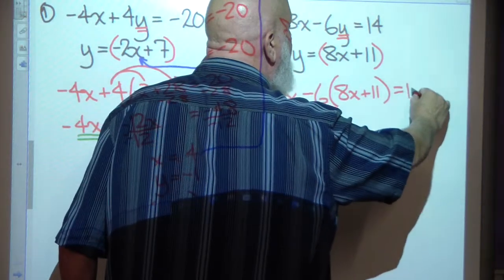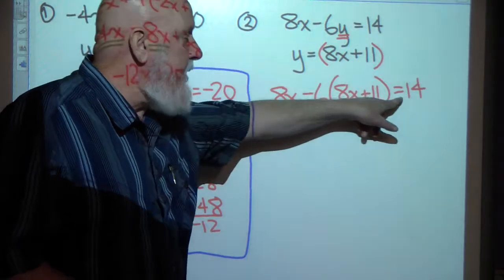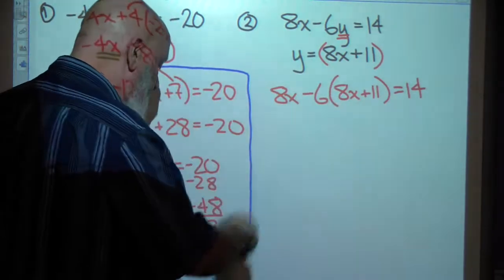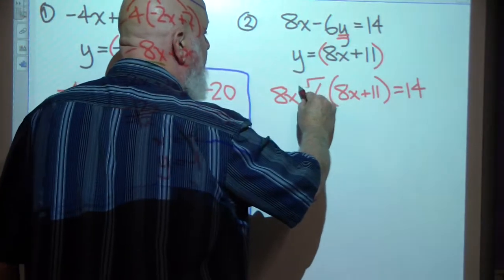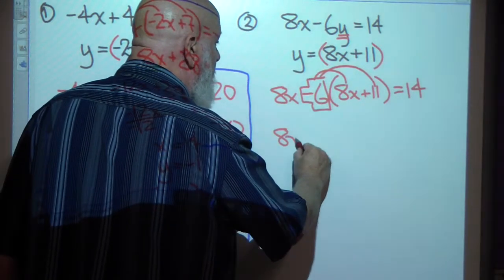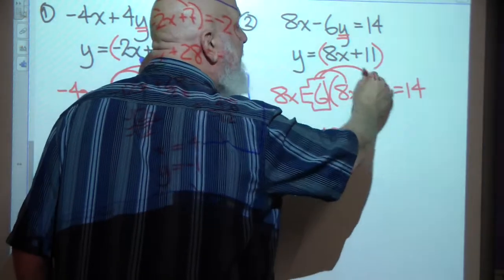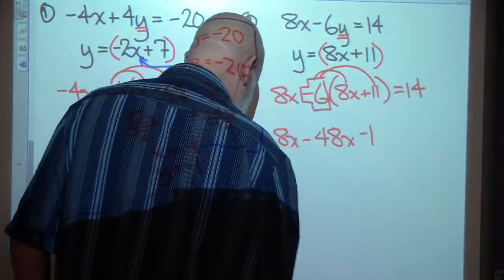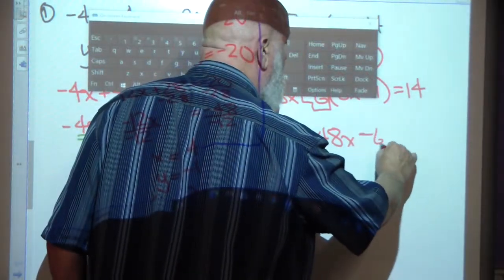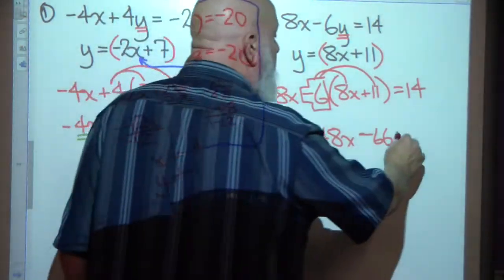is equal to 14. Now I'm at step 3 that says solve this for the single variable. So I'm going to distribute this negative 6, combine like terms, and then isolate my variable. I'm taking this negative 6 and distributing it. 8x minus 48x minus 66, I'm multiplying, whoops, is equal to 14.